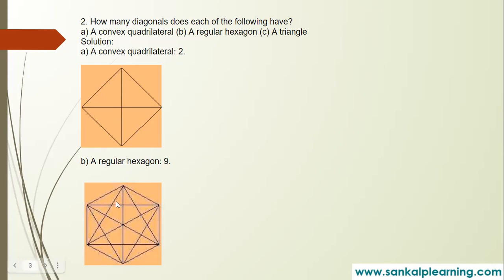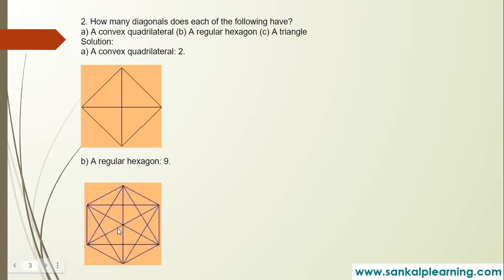So like that you draw the diagonals from each point, so how many diagonals are in the figure? 1, 2, 3, 4, 5, 6, 7, 8 and 9. So you will get 9 diagonals here, children.